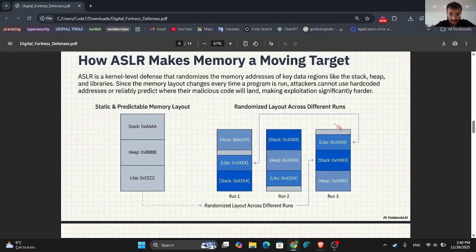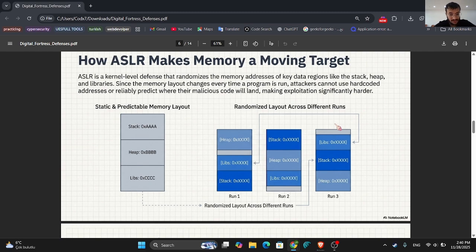Run 2, completely different addresses again. Run 3, different again. This randomization makes it extremely difficult for attackers to predict where their malicious code will land or find specific targets. The attacker's carefully crafted exploit fails because their assumptions about memory locations were wrong.